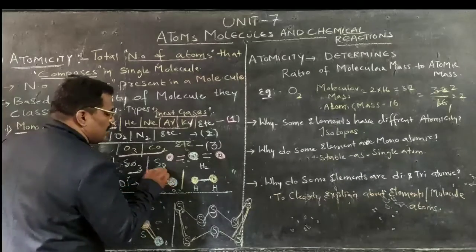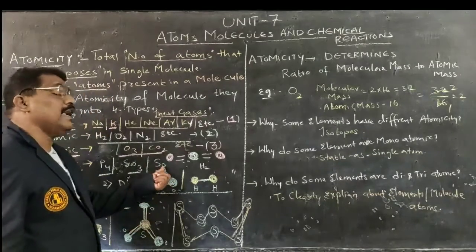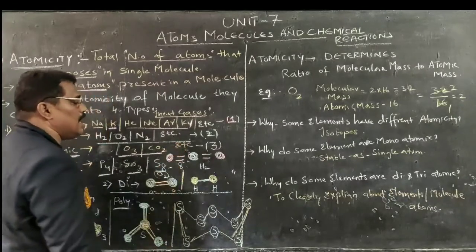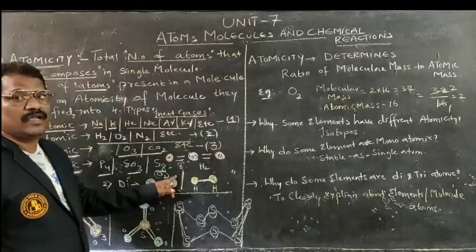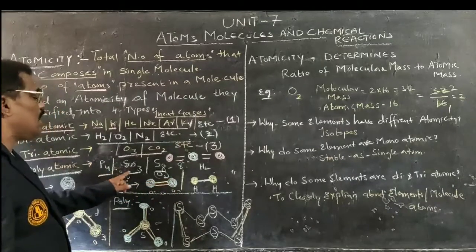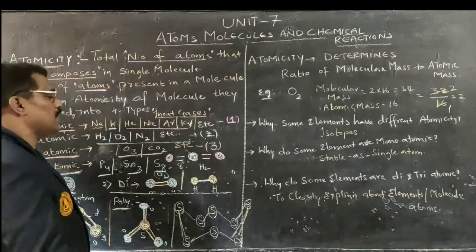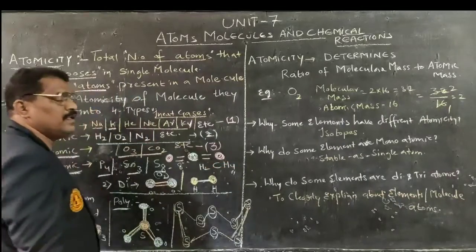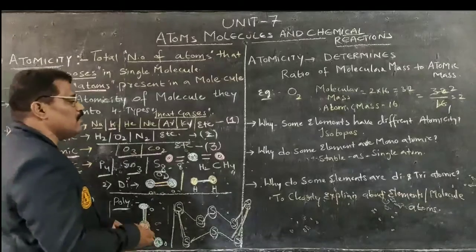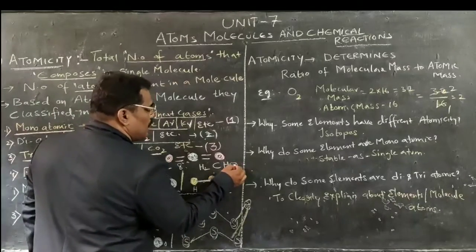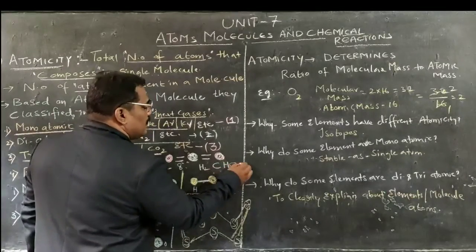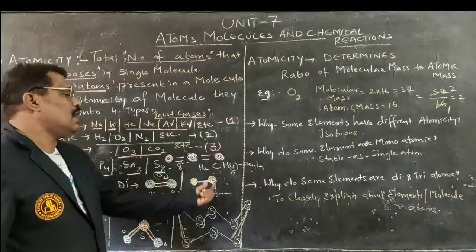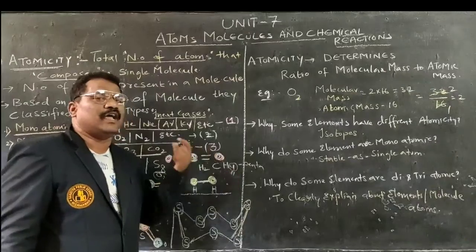Coming to sulfur, it has 8 sulfur atoms, so its atomicity is equal to 8. Octaatomic, we can call it. The other two are tetraatomic. One more example is CH4: 4 atoms of hydrogen plus 1 carbon, 5. Therefore it is called a pentaatomic molecule having atomicity equal to 5.